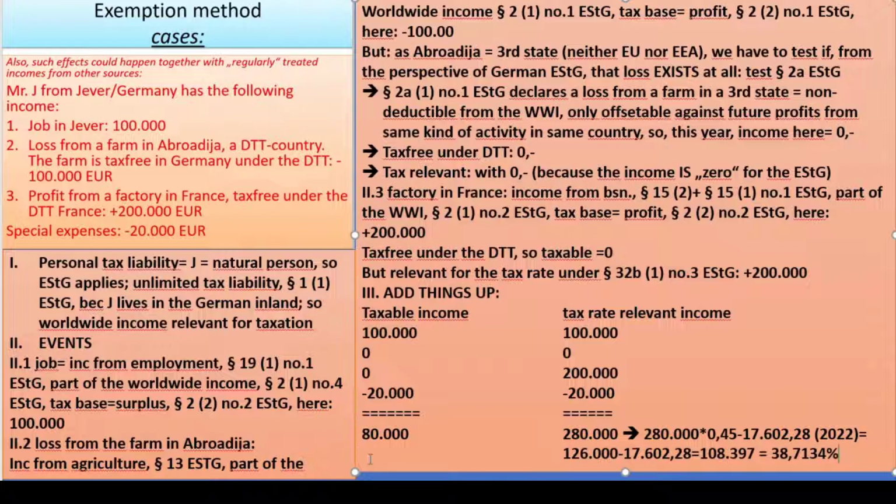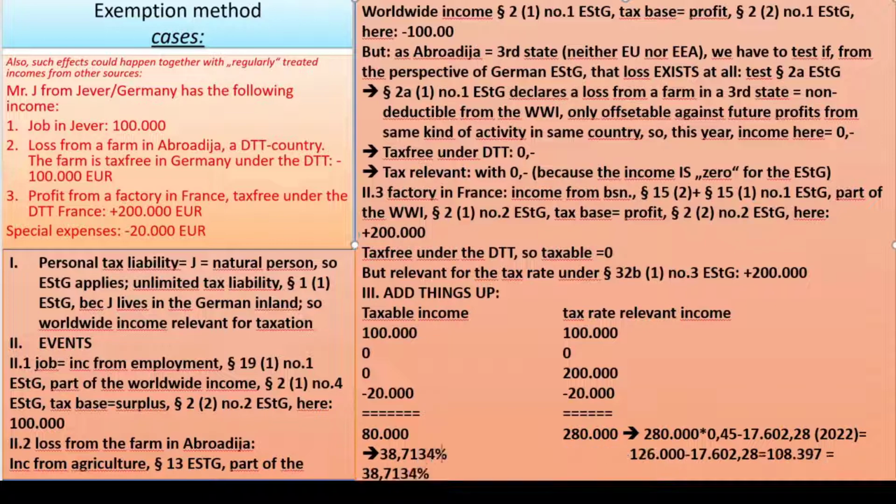And now, as the space here is relatively narrow, no, 7,134%, oh my God, this should be amended. Times 80,000, we end up with a tax burden of 30,970.